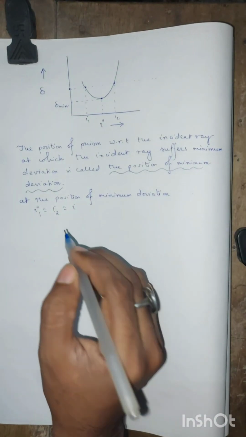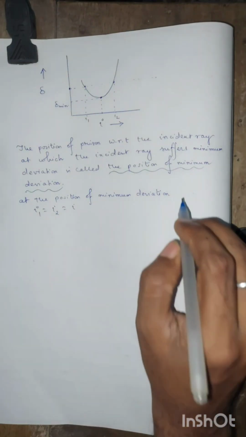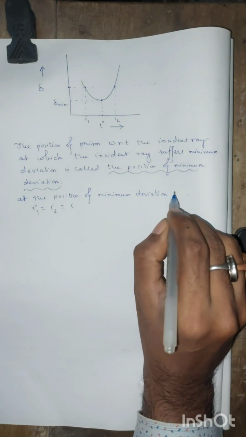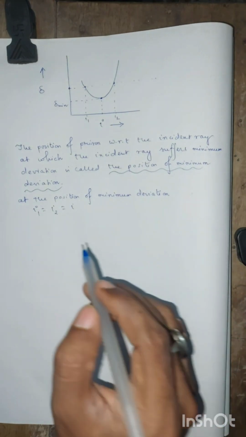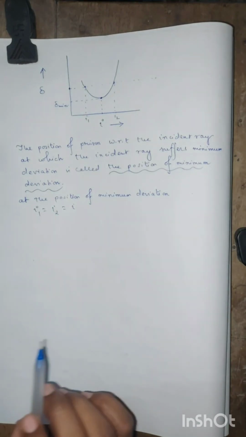Let us call it I. So at the position of minimum deviation, I1 and I2 are equal.